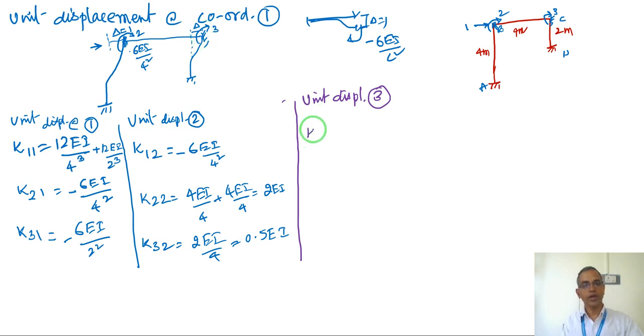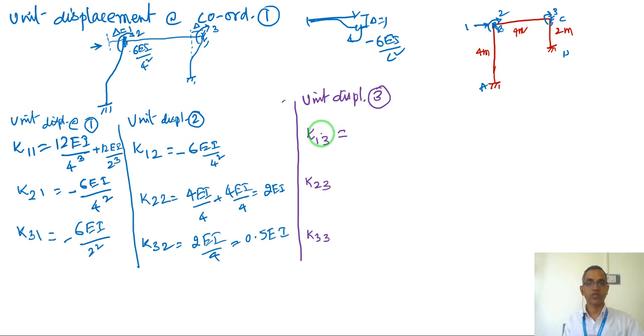So I need to get the effect at each of the coordinates: k13, k23, k33. So due to this unit displacement at 3, how much is the displacement at 1?